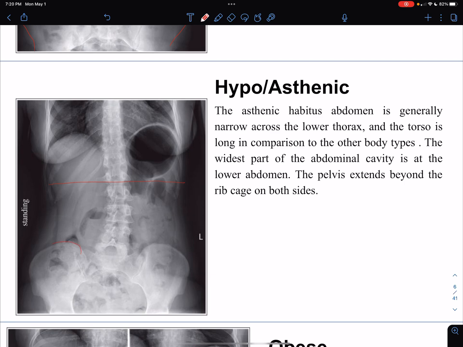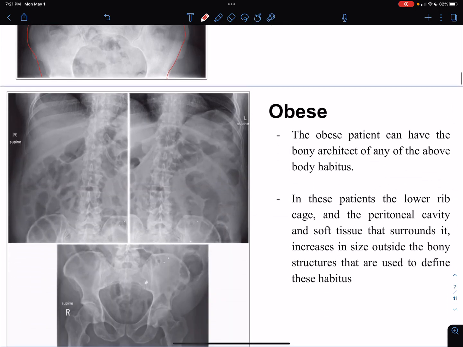So their pelvis is going to extend out here, and you can see that the width of their abdominal cavity is not as wide as the pelvis at its broadest place. And they typically have an indentation down here at the waistline, like that. So that's going to be our hyposthenic and our asthenic.